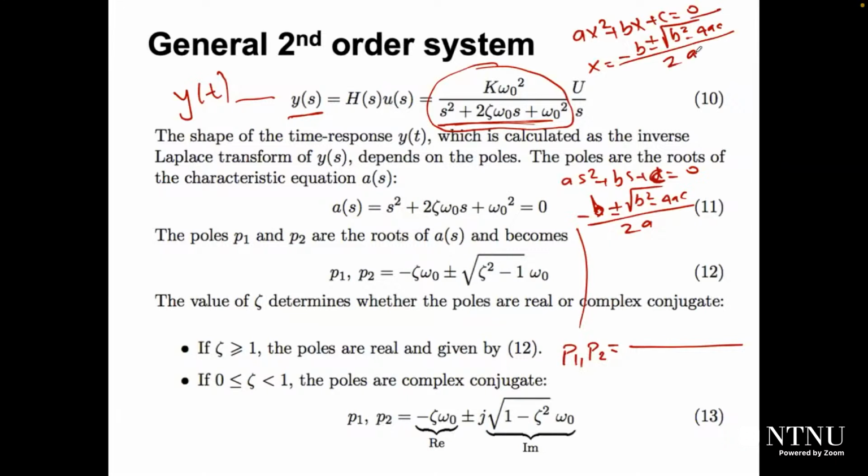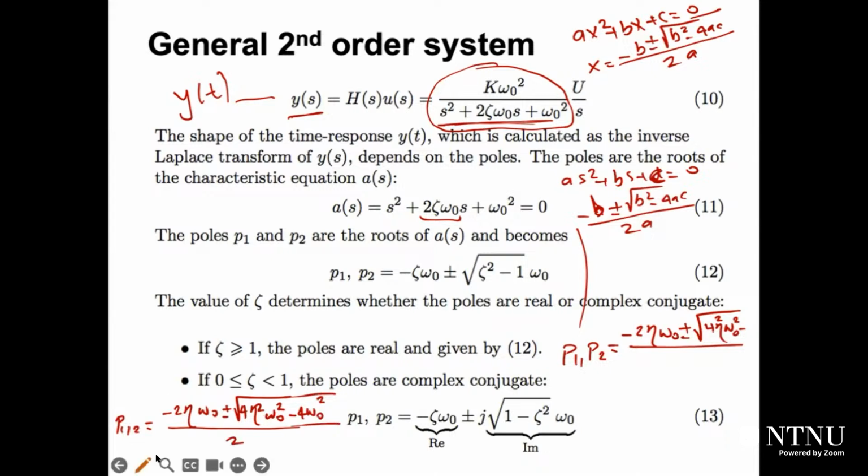If we apply this to this equation, it will be minus b, the coefficient of s, so minus 2 zeta omega naught, plus minus square root of b squared, which is that part squared, so 4 zeta squared omega naught squared, minus 4ac, which is minus 4 omega naught squared, divided by 2a, which is 2, right?